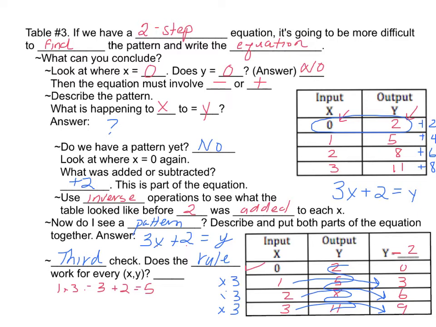It works for that second row. Now if I take 2 times 3, that's 6 plus 2. That equals 8. Yeah, worked for that row. And then if I take 3 times 3, that's 9 plus 2. That equaled 11. So yes, it works for that row too. I have a successful equation.